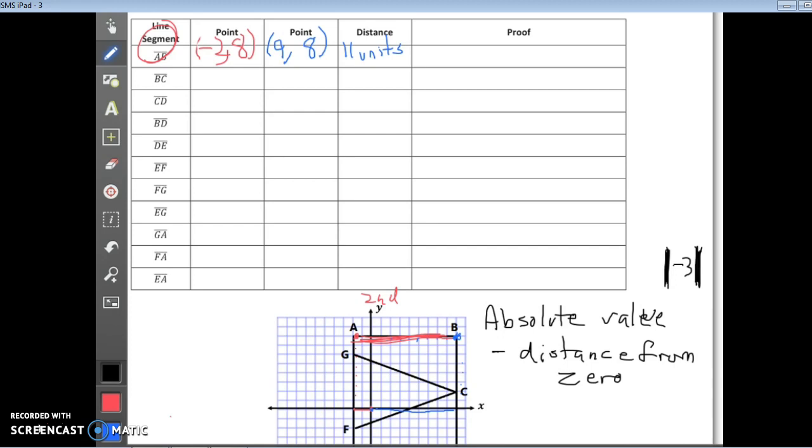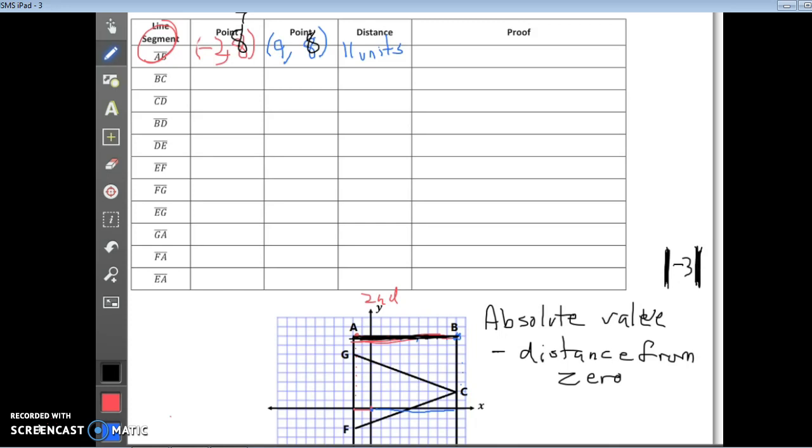So let's look at our 2 points. If we have 8 here and 8 here, that's going to make a horizontal line that goes through 8 on the y-axis, because X is the first one, Y is the second one. Now we need to find out how far apart those two points are.